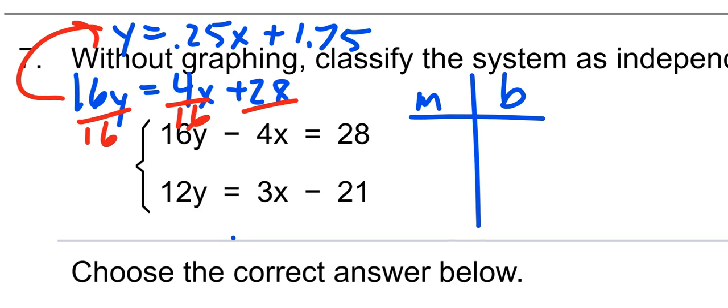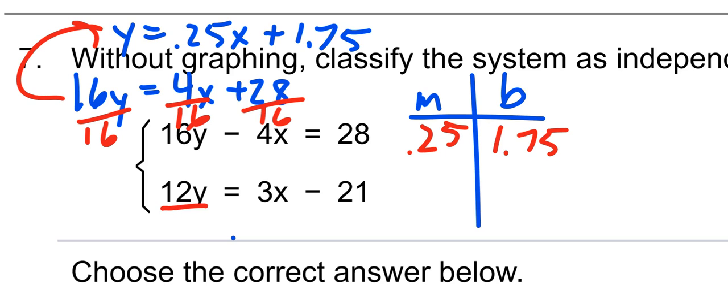Now, I know there are a few of you that are fraction people. You know who you are. But I know a lot of you are decimal fans. So what's my slope and my y-intercept there? If you want to do 1/4 and 7/4, that's fine. If you want to do 0.25 and 1.75, that's also fine. It's up to you.